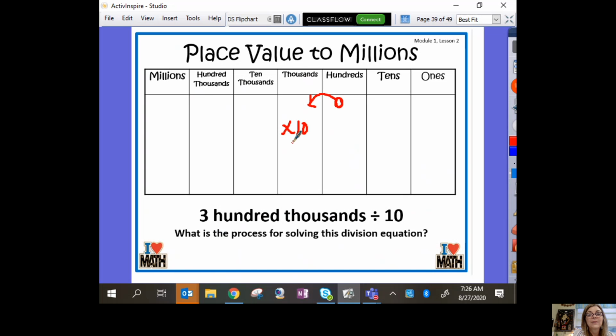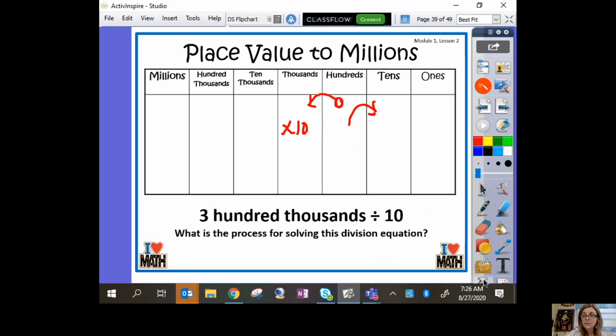Right, instead of going to the left, we would move our disc to the right. We're going to exactly reverse what we've been doing. So let's see what that looks like in action.